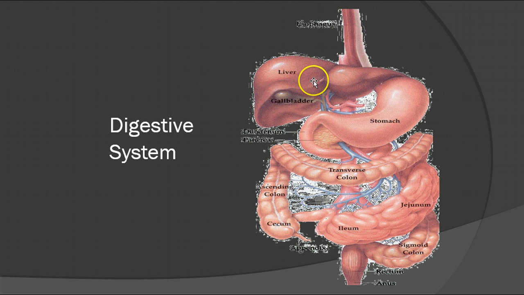Then you also have your liver and your gallbladder, your stomach, the colon, and then your pancreas and duodenum. Ascending colon, cecum, ileum, jejunum, all different parts of your digestive system. The sigmoid colon, rectum, and anus.